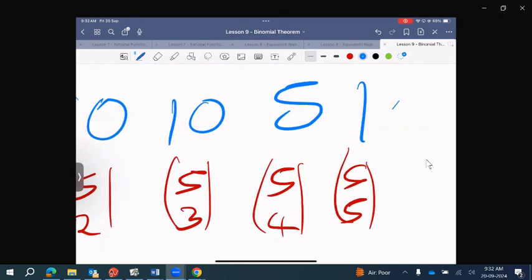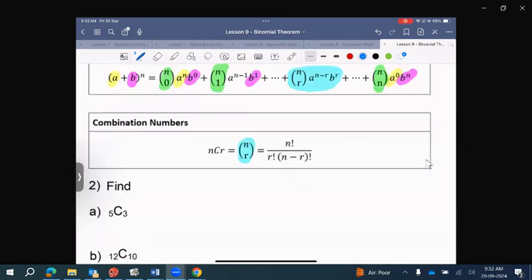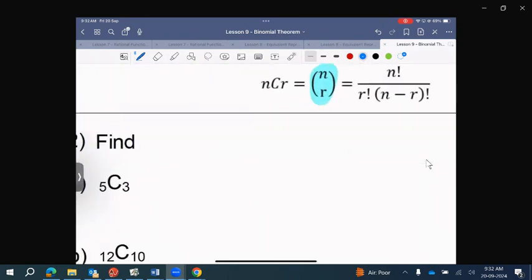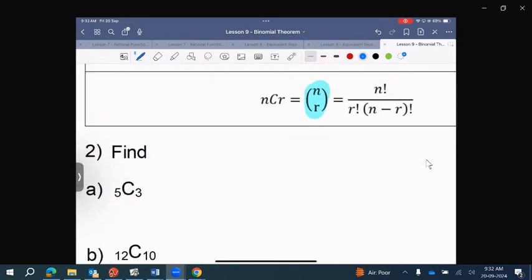How can we zoom straight in? We have a formula for it here using factorials. Let me show you how to use this one. So we want the combination number 5, 3. That means we've got 5 factorial over 3 factorial times 5 minus 3 is 2, 2 factorial.